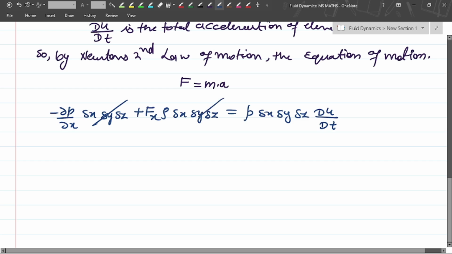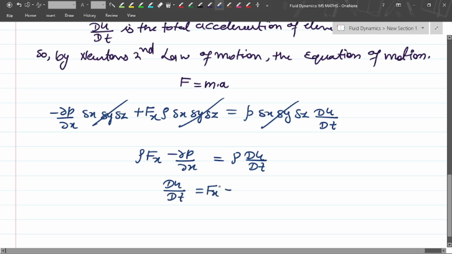We can cancel these terms, and we get rho times the net force in the direction of X minus dou P by dou X equals rho du by dt. So we can write du by dt equals f of x minus 1 upon rho dou P by dou X. This is the equation of motion along the X direction.